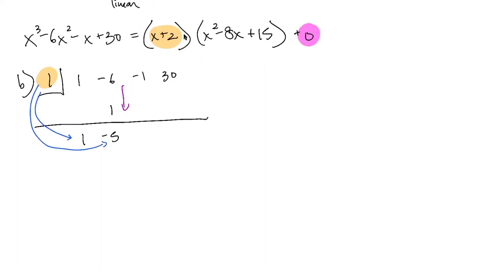We multiply 1 times -5, we get -5. We add, we get -6. We multiply 1 last time, we get -6. And when we add, we get 24.